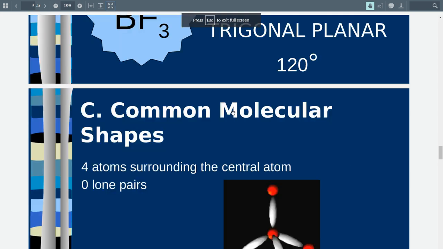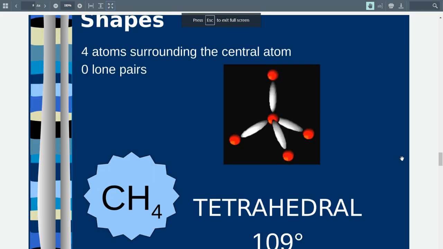Next one is called tetrahedral. Tetrahedral, you have 4 surrounding the central, 0 lone pairs. 4 surrounding the central, 0 lone pairs.